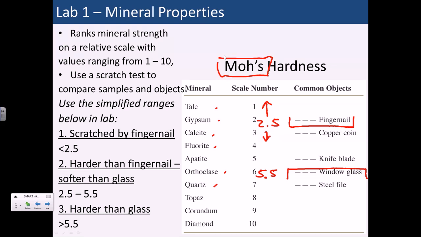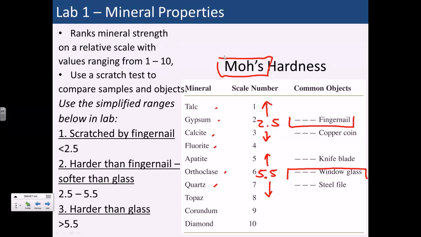That test is with window glass. If the same mineral that you couldn't scratch with your fingernail also cannot scratch glass, that means you're now between 2.5 and 5.5, and you've figured out what the hardness is. Alternatively, the mineral that you're testing scratches glass, leaves a mark on the plate, and is harder than 5.5.